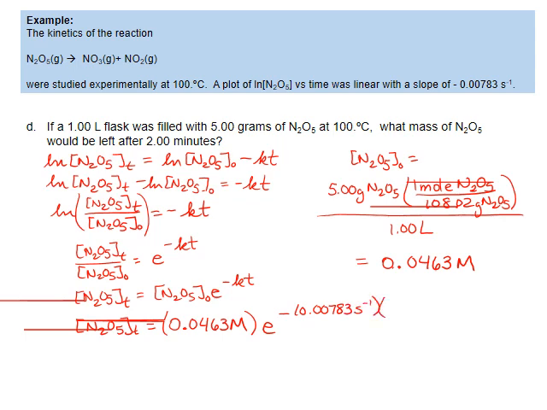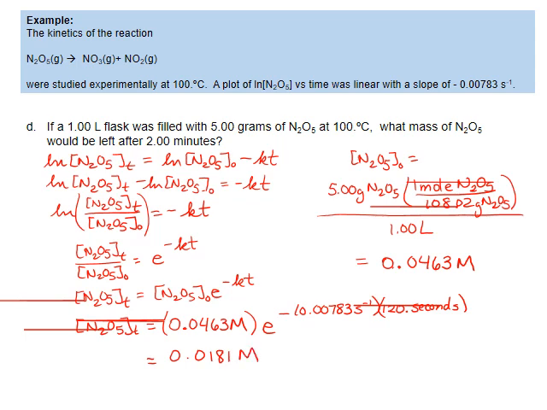Time is 2 minutes, but we need to convert that to seconds. 2 minutes is the same as 120 seconds. And we plug all of that into our calculator. We get that the concentration of N2O5 after 2 minutes is 0.0181 molar.